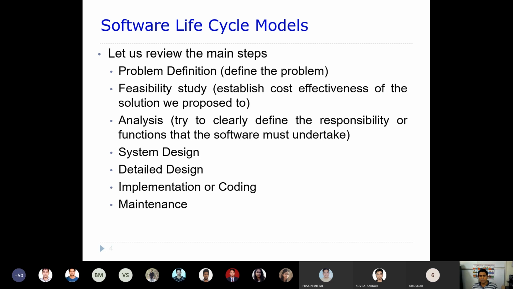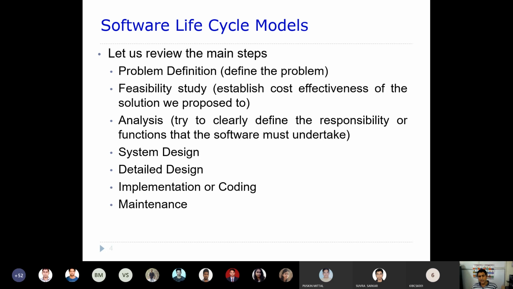Then we clearly define the responsibilities or functions that the software must undertake, that means the functionalities or requirements a user expects from the software system we are going to develop. That is what is analyzed during the analysis phase.